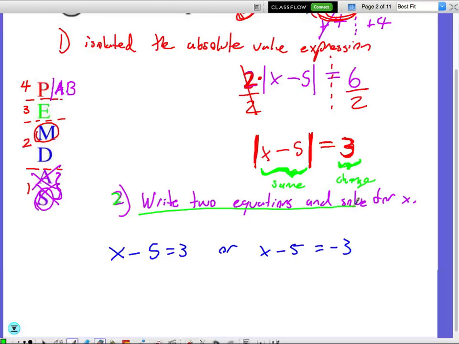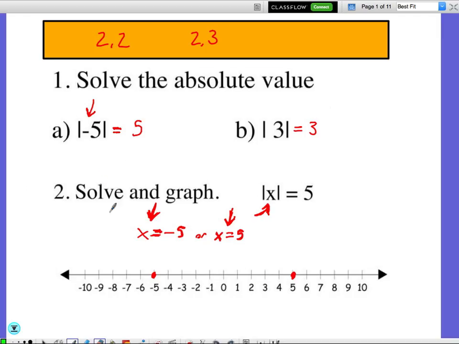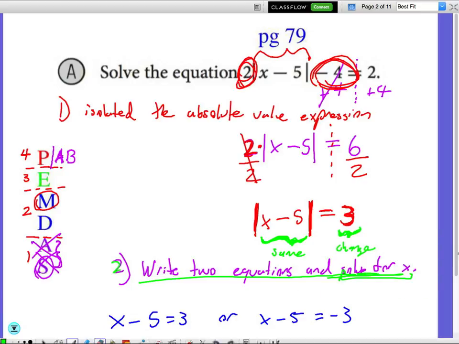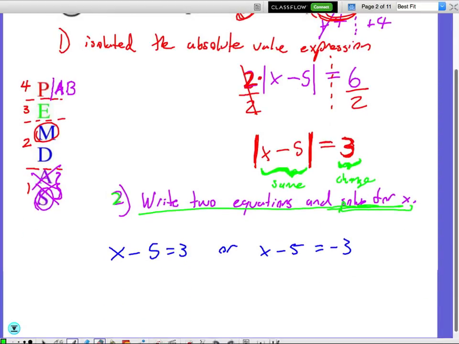So there we go. We wrote 2 equations, and now remember, once we have our 2 equations, going back here, our absolute value is going to have at most 2 solutions. And if we solve each of these equations, we're going to get 2 solutions.